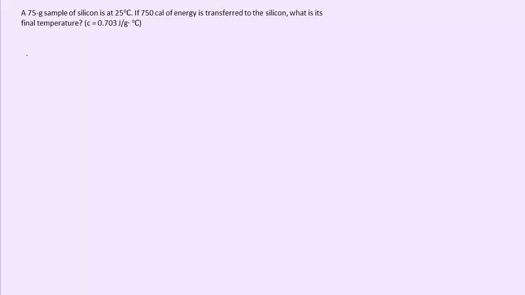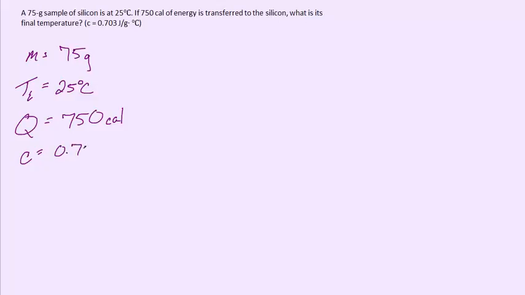So we can summarize the information we're given: a mass of silicone equal to 75 grams, an initial temperature of 25 degrees Celsius, and the amount of energy put in the system was 750 calories with a specific heat of 0.703 joules per gram degrees Celsius.